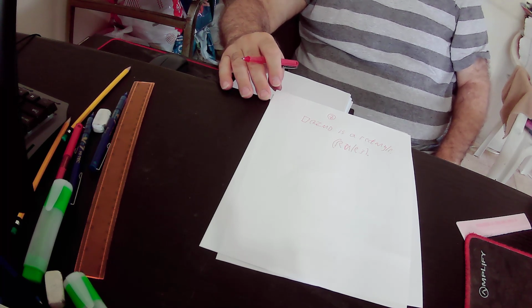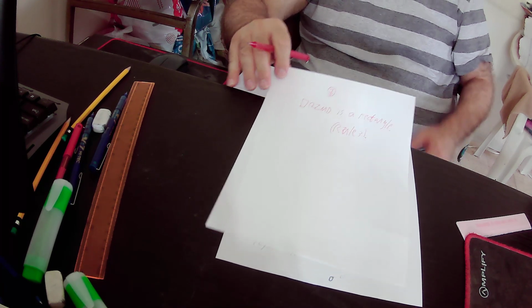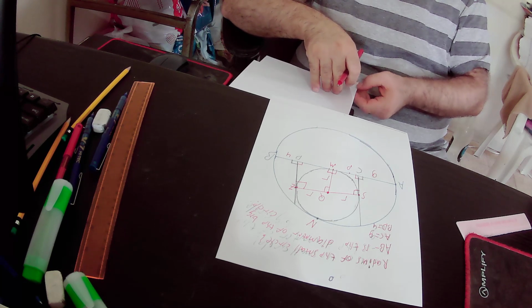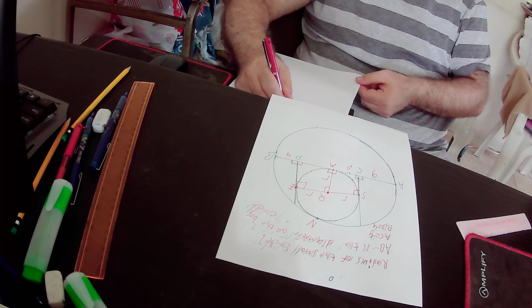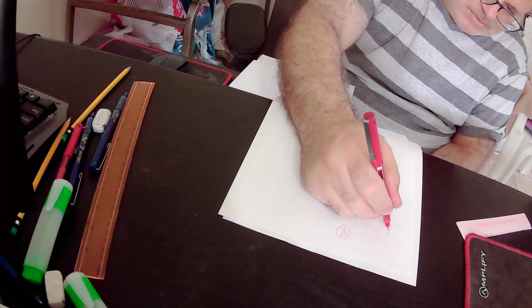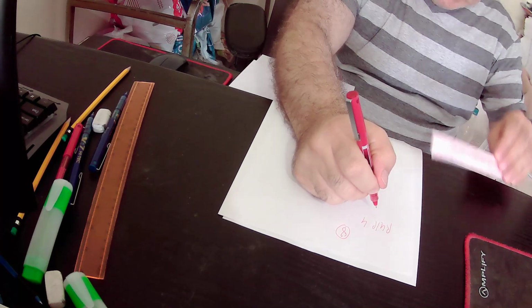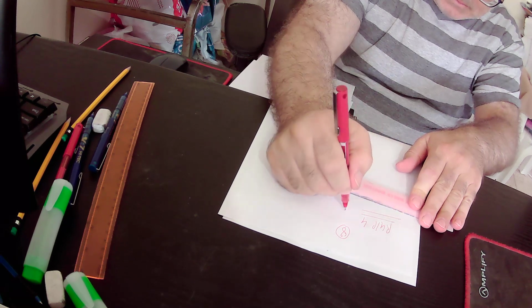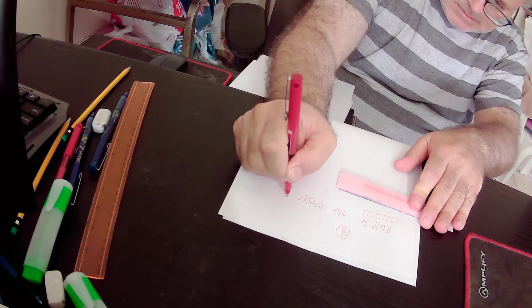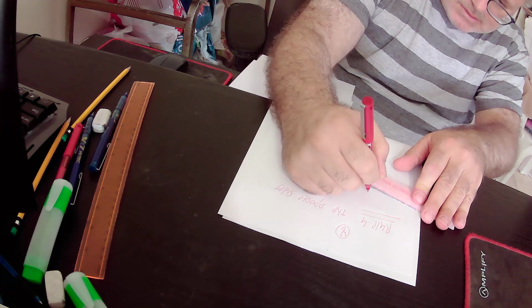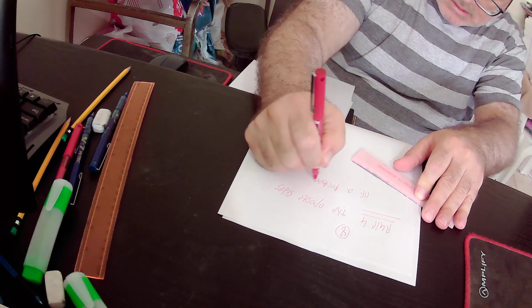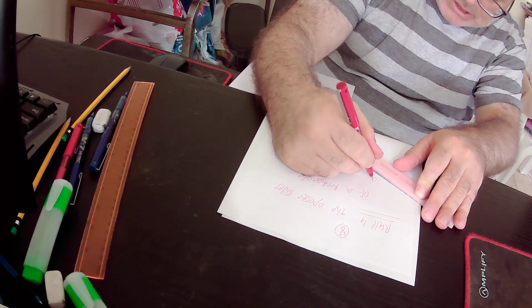And we have also rule number 4 that states that, according to rule number 4, the opposite sides of a rectangle are equal to each other.